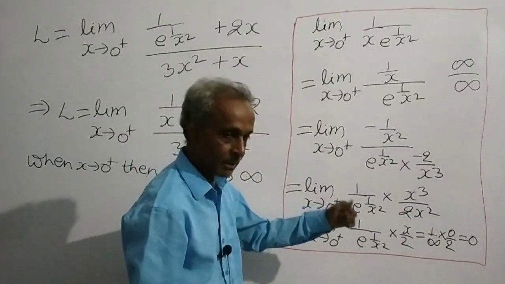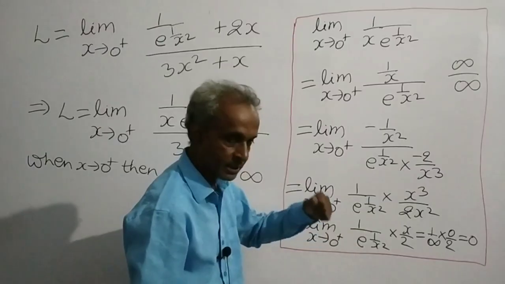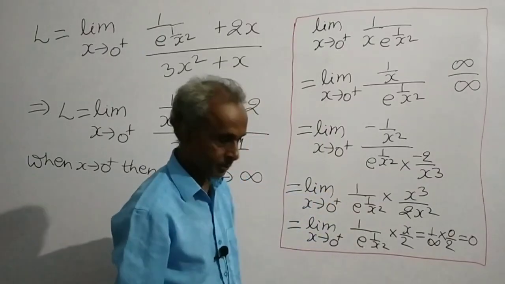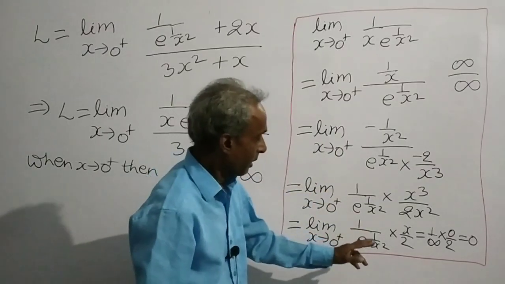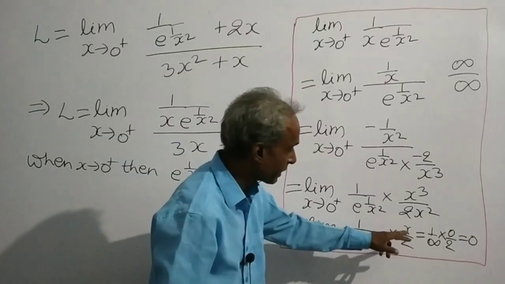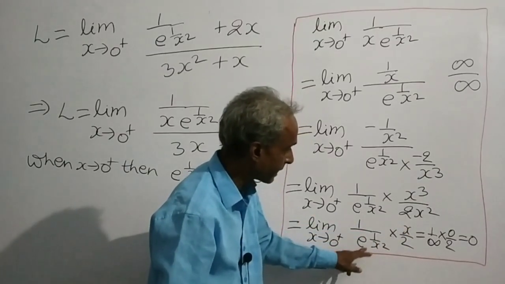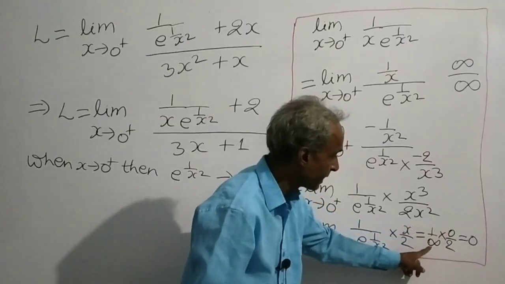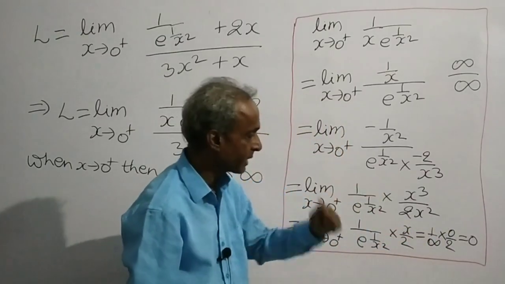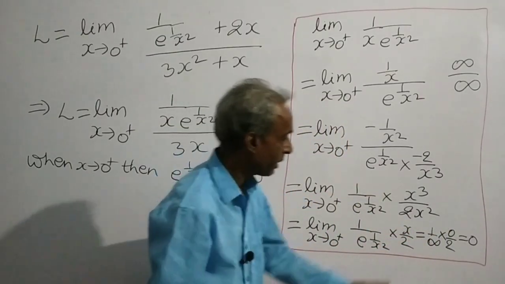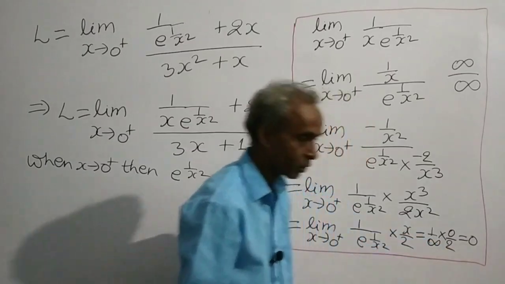Now, indeterminate form has been removed. This is now in the form of 0 by infinity. 0 by infinity is not in indeterminate form. Result will be 0.